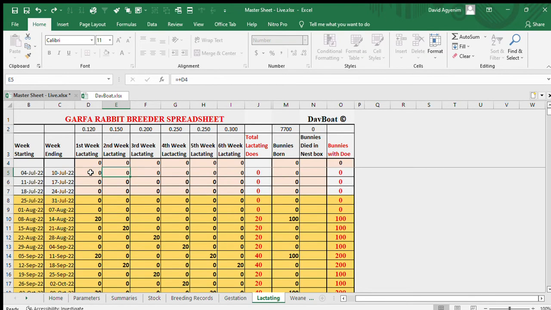So we had the first week here, then again you change it as and when something happens. Then here are the bunnies born.